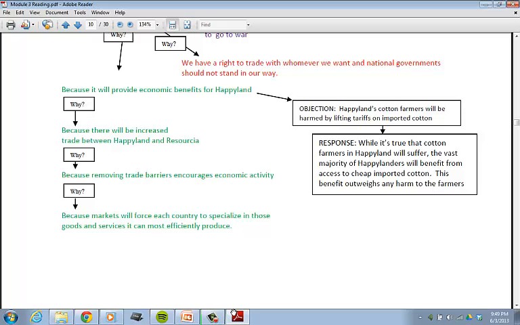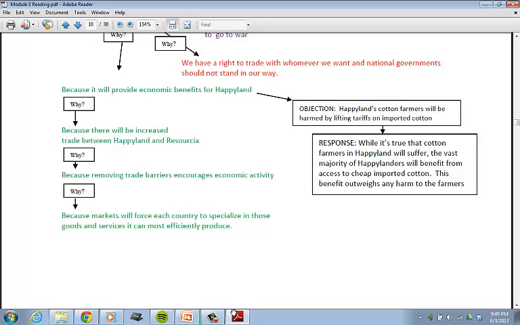So, okay, the trade deal will provide economic benefits for Happyland. We might say why. I think it's always good to say why. Well, because there'll be increased trade between Happyland and Resorcia. But why will that cause economic benefits, just having increased trade? Because removing trade barriers encourages economic activity.